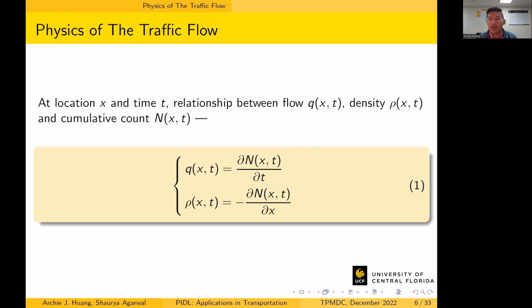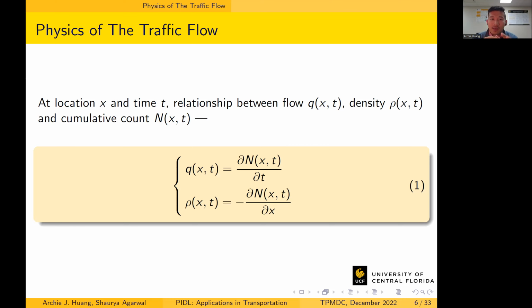The relationship shown in equation 1 is given by partial derivatives: Q is the partial derivative of N with respect to t, and rho is the partial derivative of N with respect to x, the location, taking the negative value.